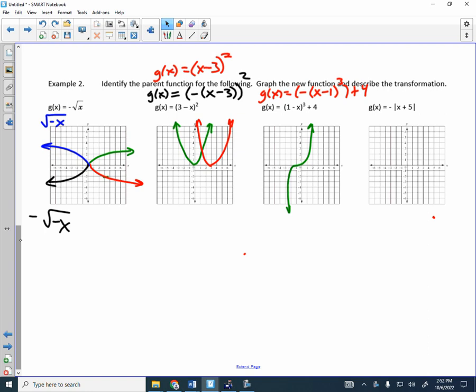Yep. So what does minus 1 do? Right 1. What's the negative going to do? It's going to flip it. So instead of starting down and finishing up, it's going to start up and finish down, right? And then what's the plus 4 going to do? Up 4. So this is your shape. Right 1, flip it, up 4. You good?